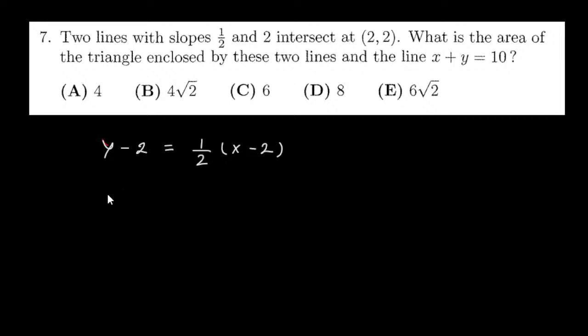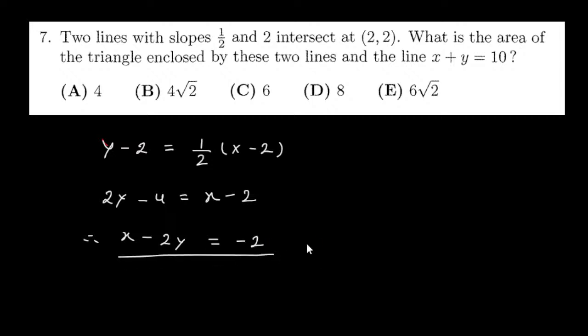We will simplify it, we will get 2 times y minus 4 is equal to x minus 2. So therefore x minus 2y is equal to minus 2. This is equation 1.